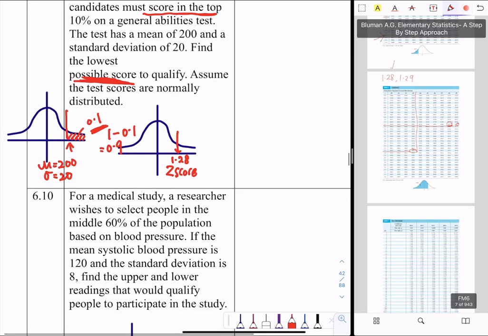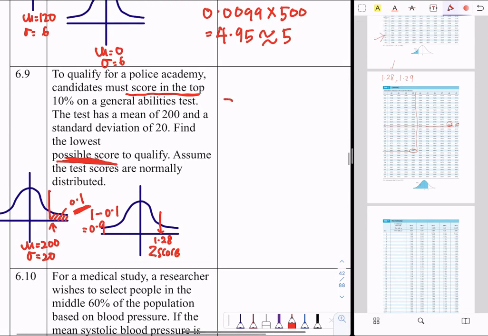After that, using the formula, Z equals x minus mean divided by standard deviation. What is x? We don't know. What is the Z score? 1.28 equals x minus 200 divided by 20.